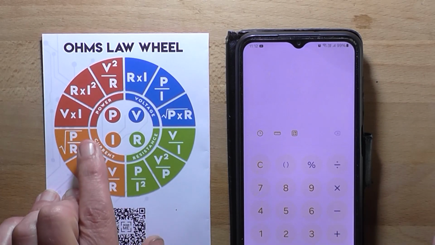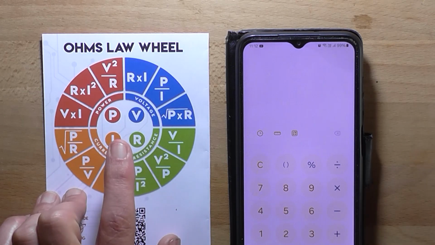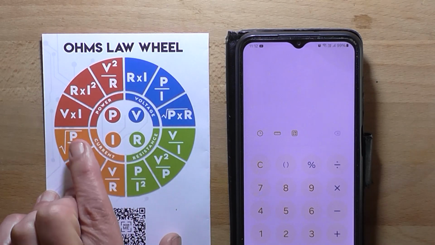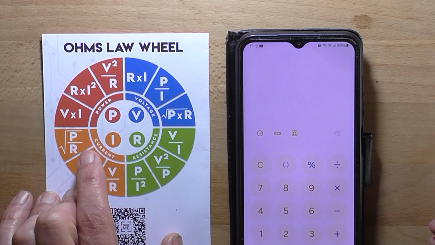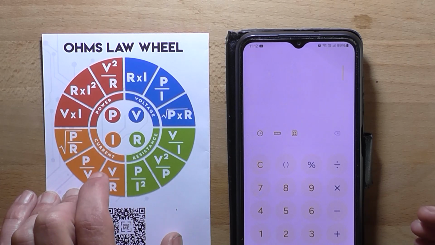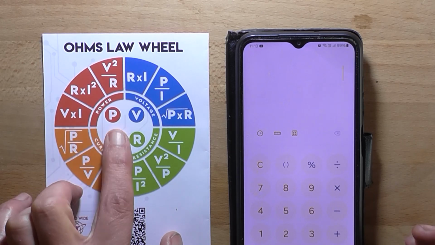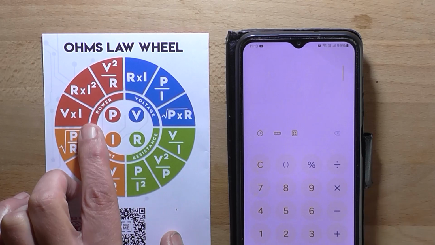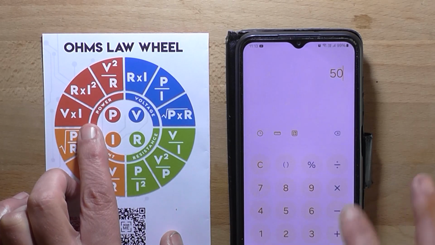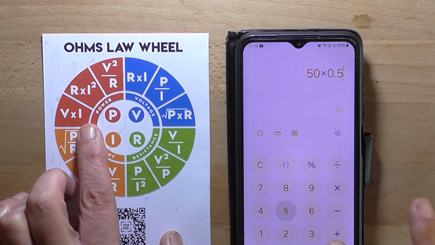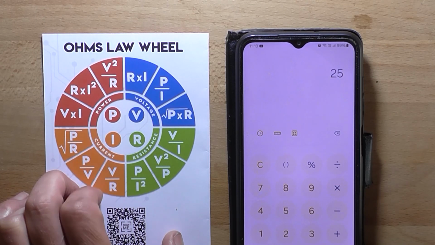So okay, with figures that we know and come up with, let's work out the power in the circuit. So if we want to know what the power is with the voltage and current as the only known variables, well, we come over to power, P, that's voltage times amps. So we've got 50 volts multiplied by half an amp equals 25 watts. Nice.